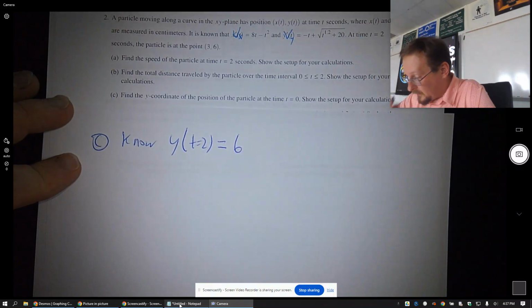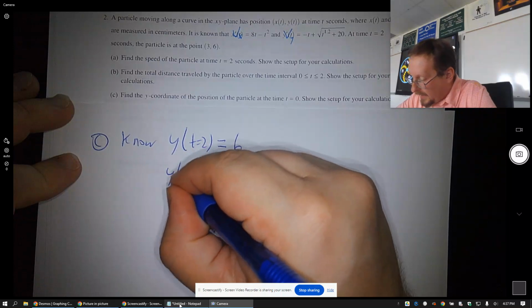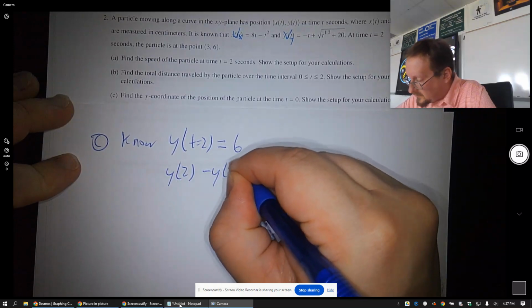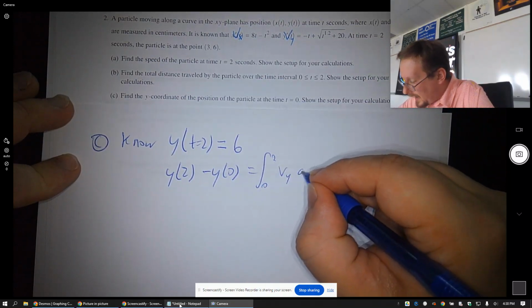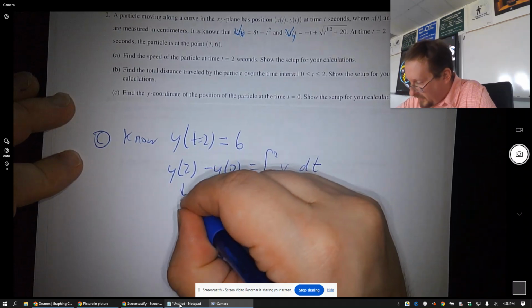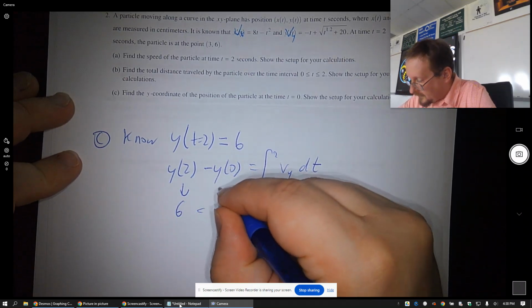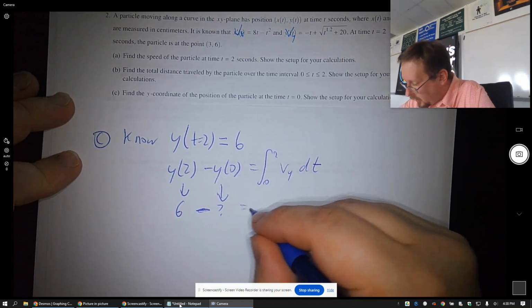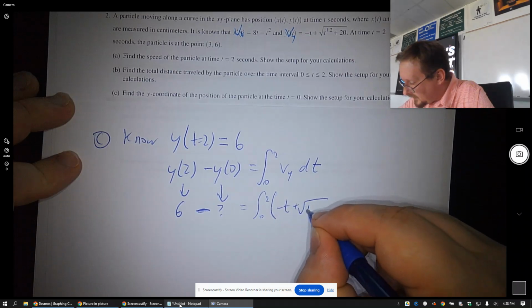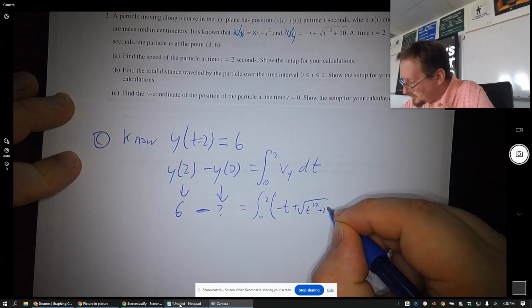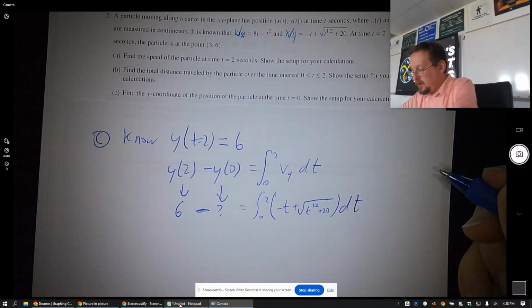So y at 2 minus y at 0 is the integral from 0 to 2 of Vy dt. So this is 6, and this is what I want to know. This is the integral from 0 to 2 of negative t plus the square root of t to the 1.2 plus 20. And I'm going to use my calculator for that.